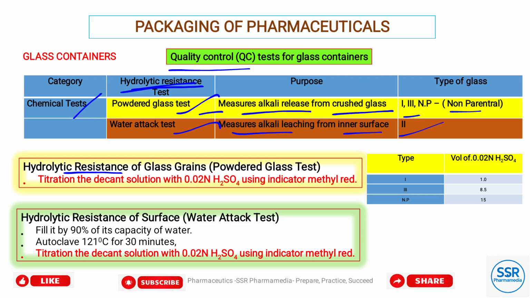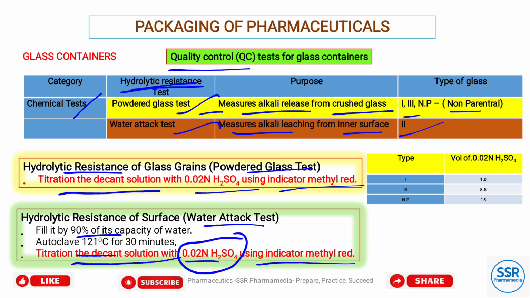For hydrolytic resistance of glass grains, the powdered glass test, the decant solution is titrated with 0.02N sulfuric acid using methyl red indicator. For hydrolytic resistance of the surface, the water attack test, containers are filled to 90% capacity with water and autoclaved at 121 degrees Celsius for 30 minutes, and the decant solution is titrated with 0.02N H2SO4 using methyl red as an indicator.